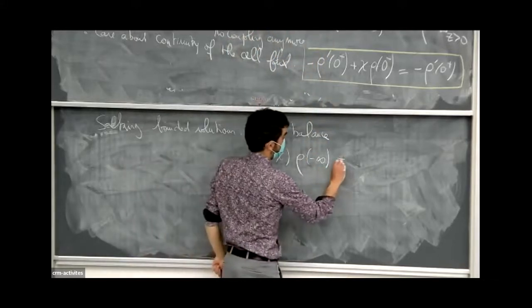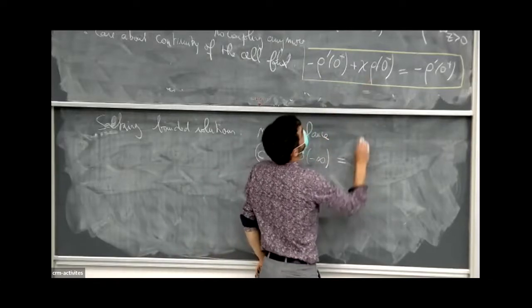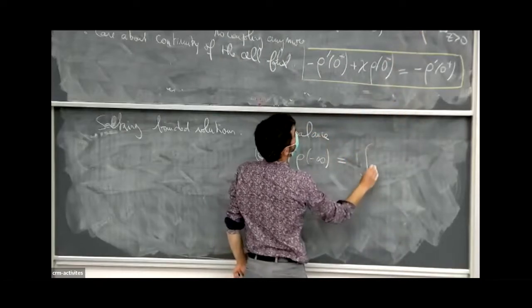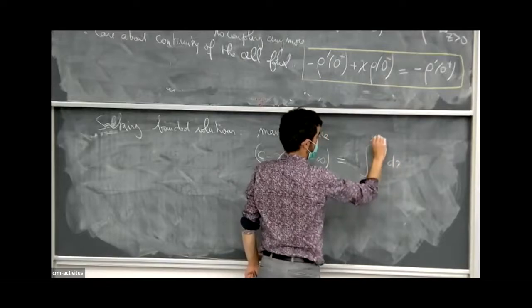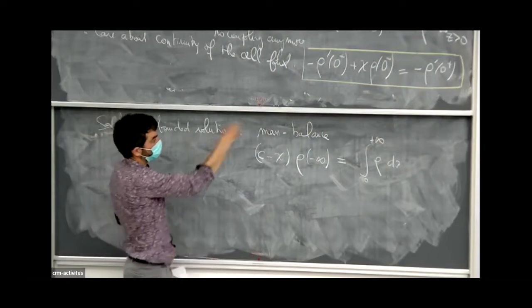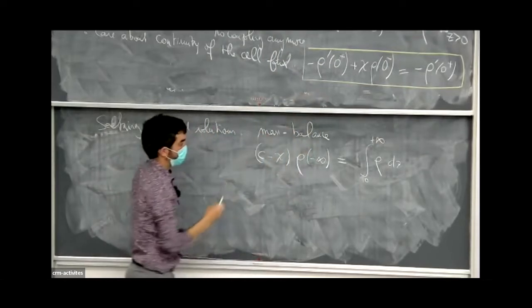And this must balance the growth. So I said I put it to 1, sorry, which is the integral of rho dz from 0 to plus infinity. So what does this tell you? And this is if, of course, the flux is continuous, because when you make the integration, you have to ensure this condition.